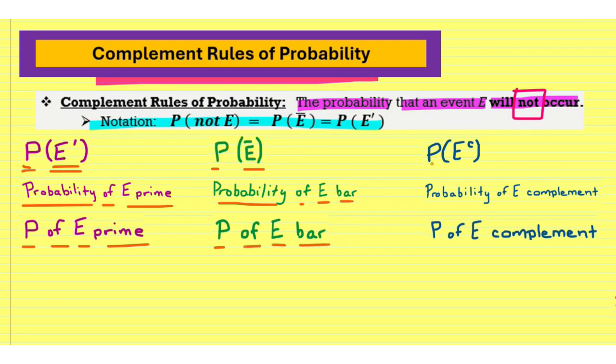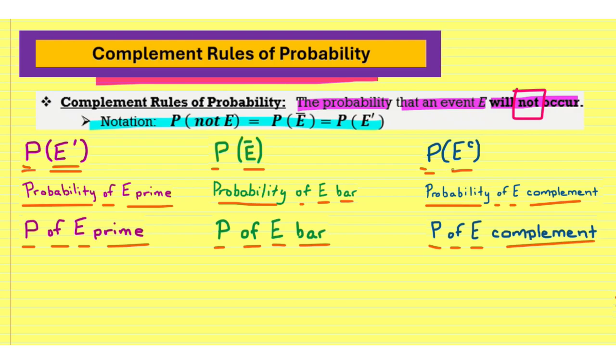Then we have this third way of notating it, which is not listed in this particular textbook, but it is out there at a lot of websites and other textbooks. It's P of E complement, which is the probability of E complement. And again, I like to shortcut it by saying "probability of E complement."